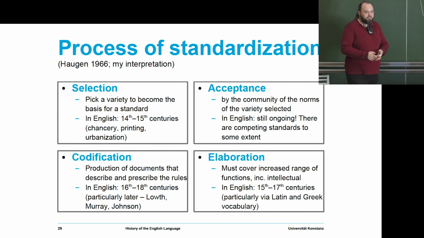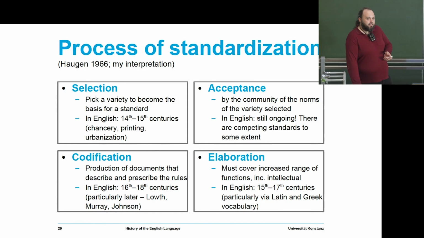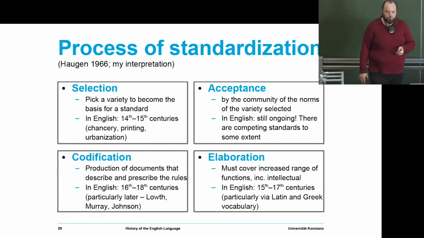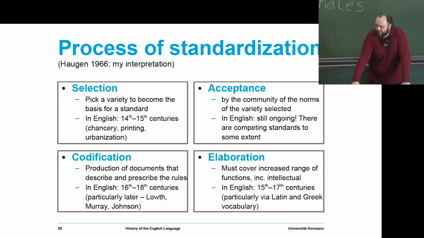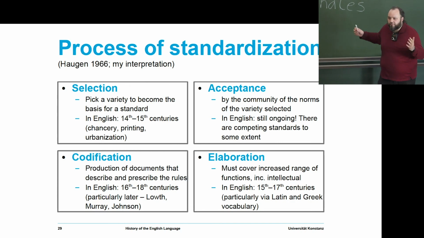So really, this acceptance process is the last one to be completed, and it may be, in some sense, will never be completed, because you will never get everyone using a pure standard form. But I think it's useful to think about standardization as consisting of these four components: selection, codification, elaboration, and acceptance. And there's usually a question about this on the exam. So if the inherent interest of this wasn't enough, there's an extra incentive to learn about it.